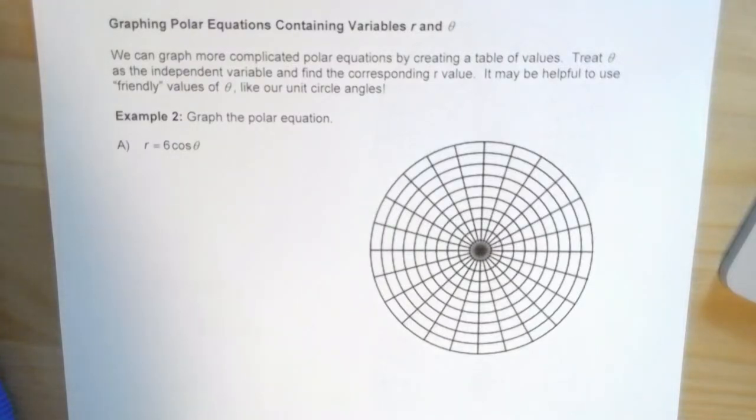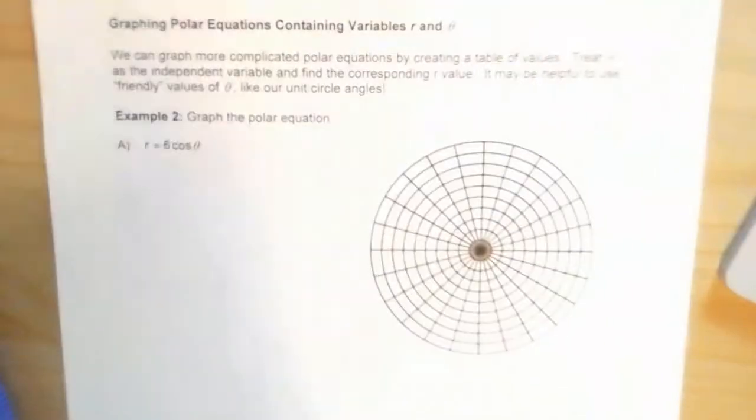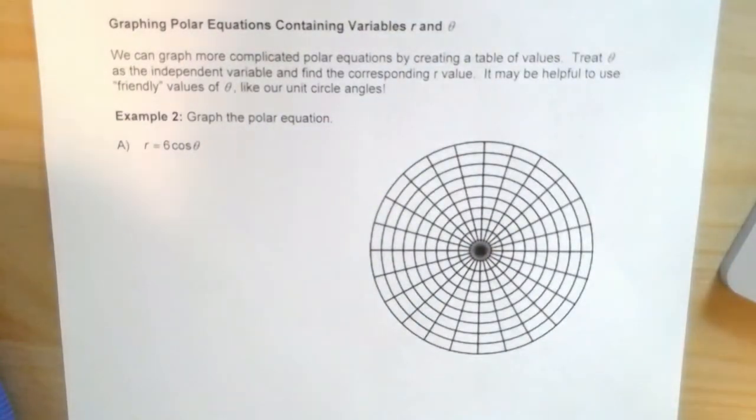So actually, when we graph more complicated polar equations, we're going to create a table. Okay, now we're going to use our friendly values. We're going to use our unit circle values. You will see in some cases I will use just our 45s or pi over 4s, and in some cases I might use 30s or 60s.